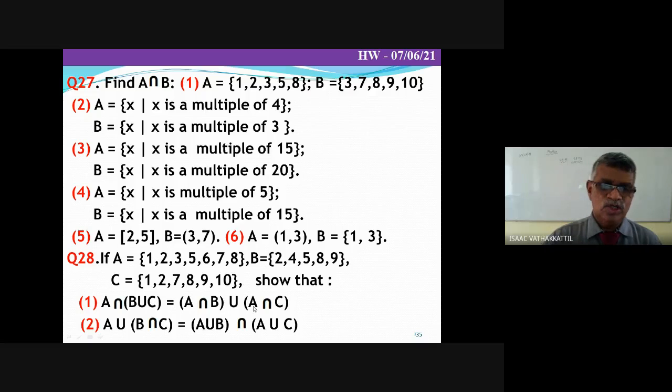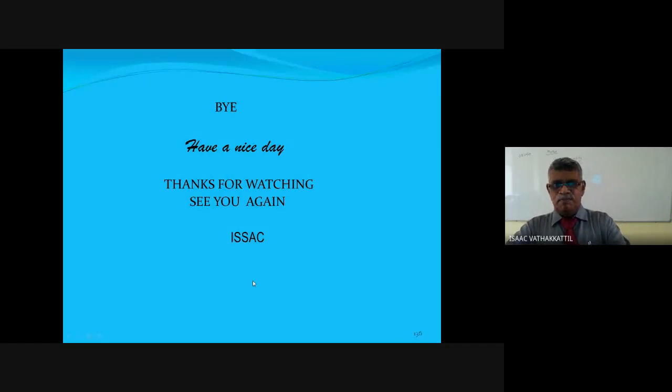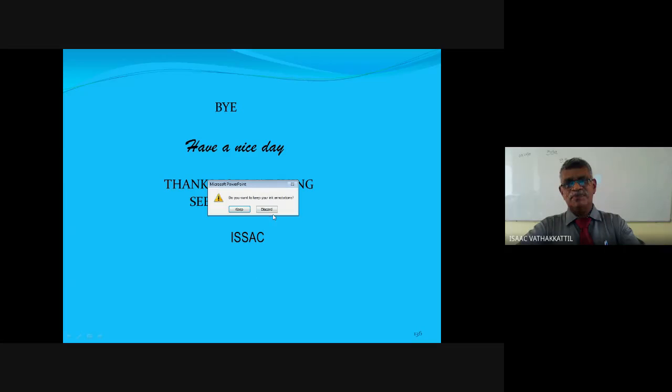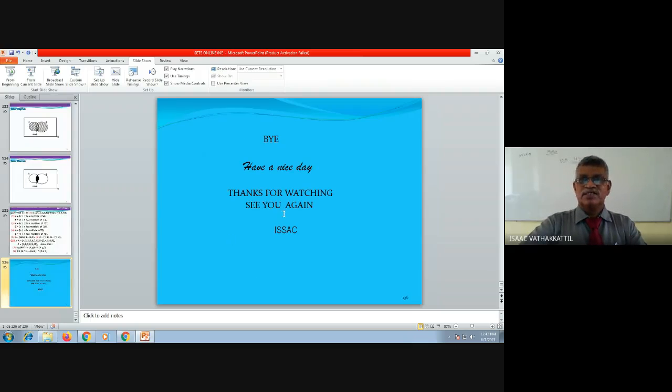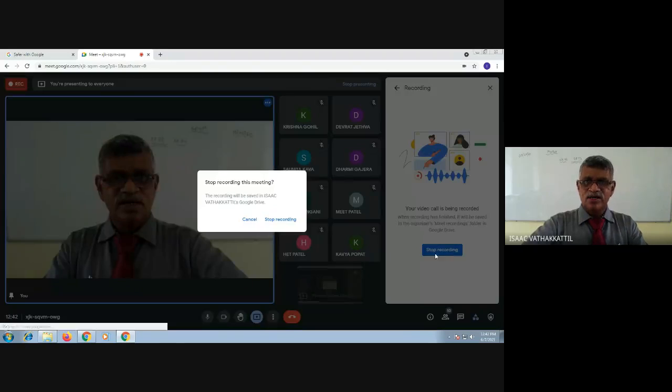From 1 and 2, you show that A intersection B union C is equal to A intersection B union A intersection C. Similarly second. Further, please make a complete note of this, then you take up the problems, then only you can call it done. Don't take up only problems. Make a complete note, don't worry.